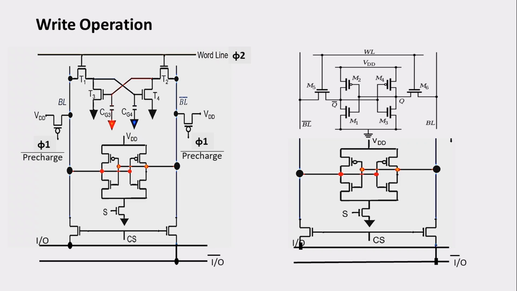Whenever we are writing into something, one thing we need to observe is that we should always make our bus lines pre-charged to VDD. This pre-charge is going to be synchronized with phi 1. The read and write operation is going to be synchronized with the phi 2 signal. Now you can observe we have given 1 over here.